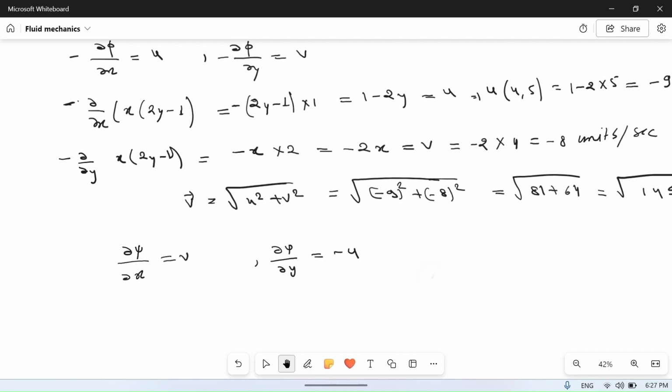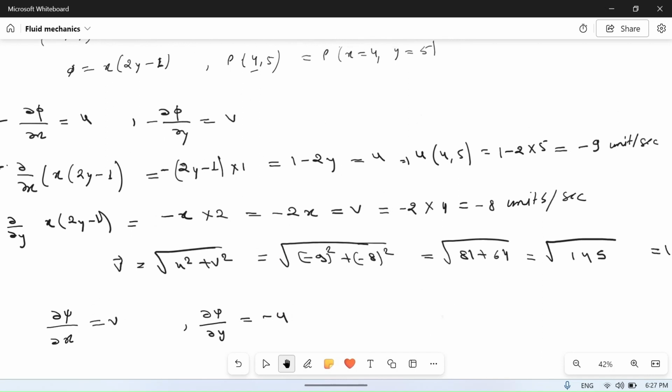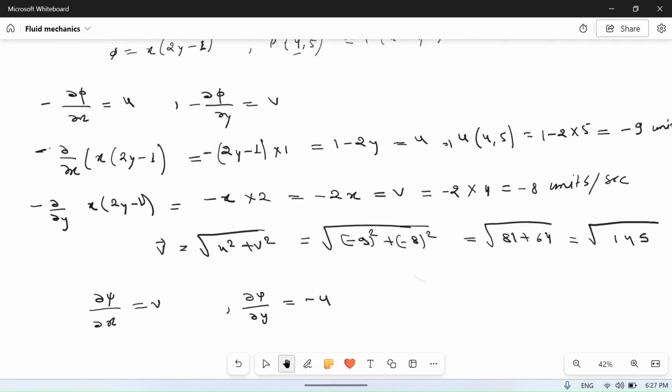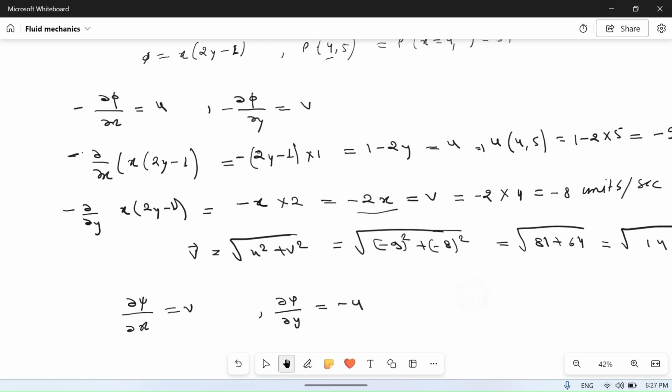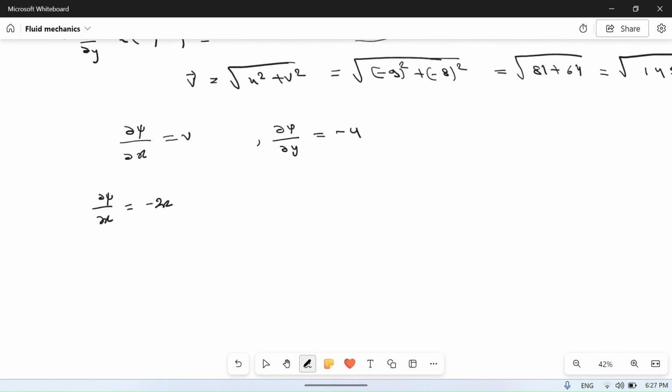What is the value of v? From the values, v was equal to minus 2x. So if we put del psi upon del x equal to minus 2x, we get del psi equal to minus 2x del x.